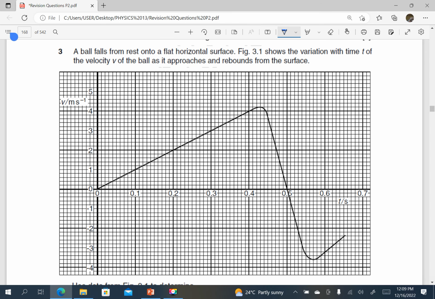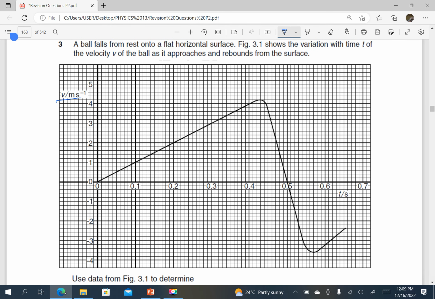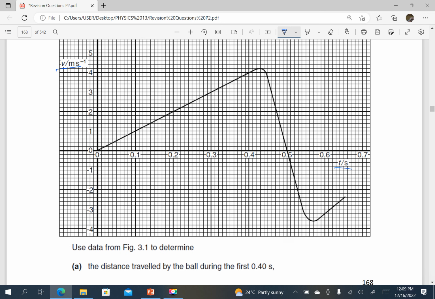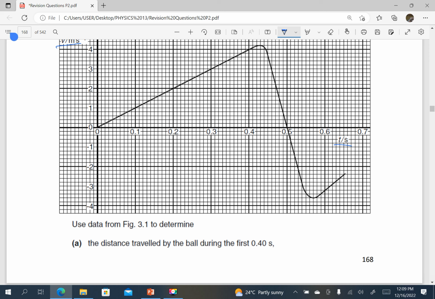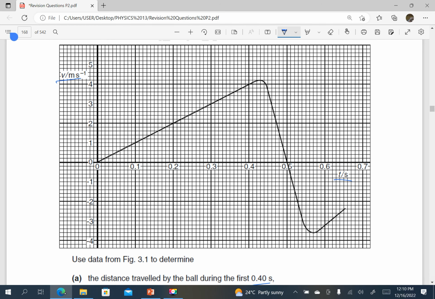Okay, so this is a graph of velocity against time. So use data from the figure to determine, number one, the distance traveled by the ball during the first 0.4 seconds. So 0.4 seconds, it is here.